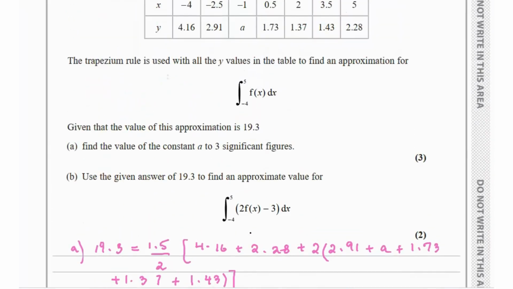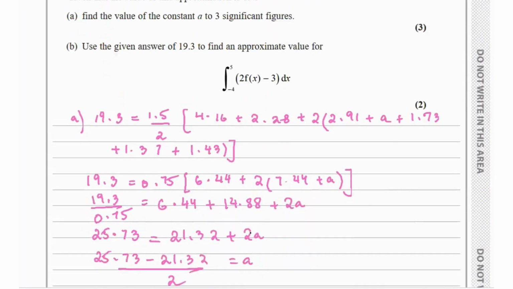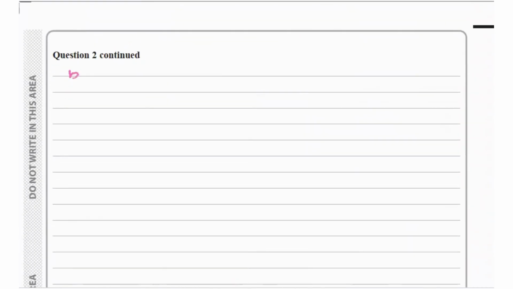Then use the given answer of 19.3 to find an approximate value for the integral of 2f(x) minus 3 from -4 to 5. So for that, what we will do is, from -4 to 5, 2f(x) minus 3 dx. Let's separate this.